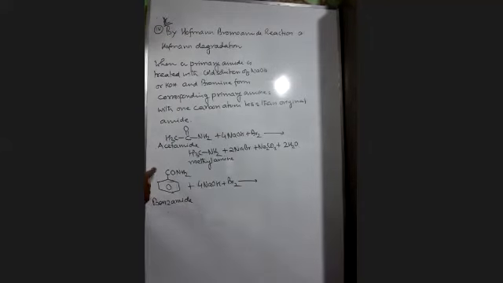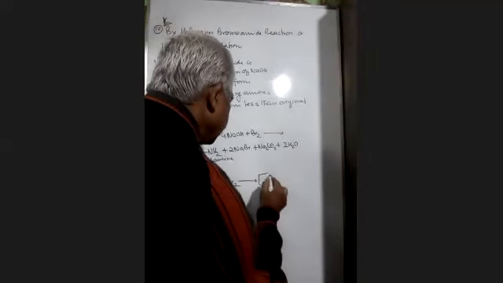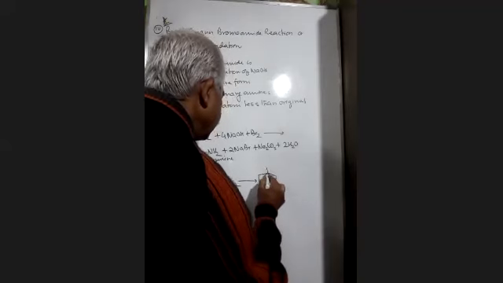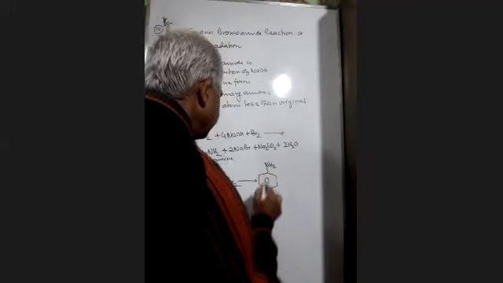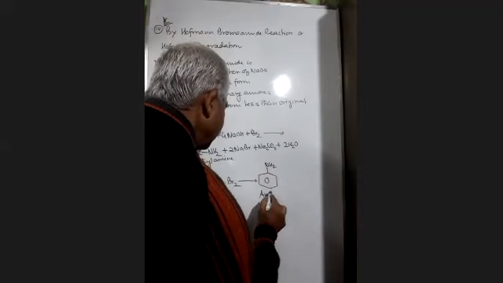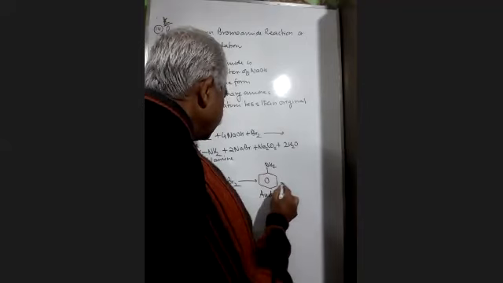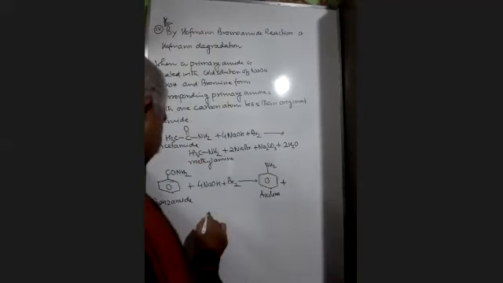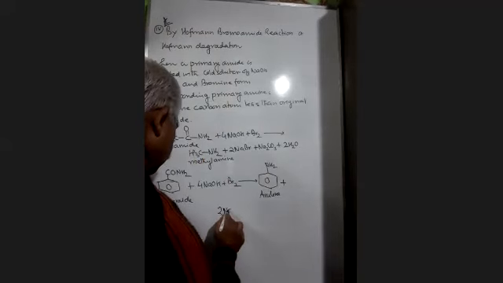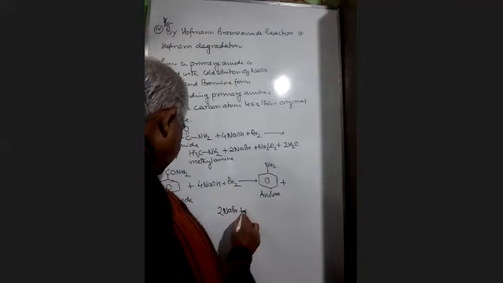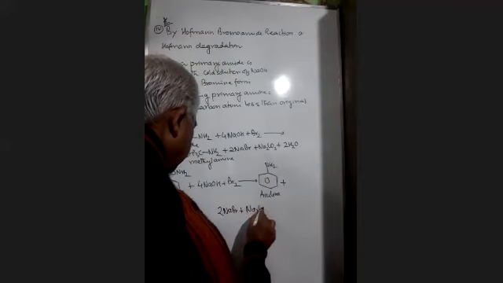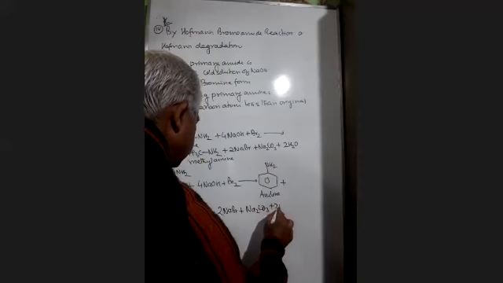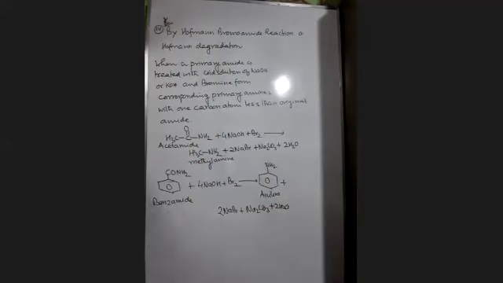See, this will go out. So what you get now here? You get an aromatic amine, aniline. Okay? Plus 2 NaBr, Na2CO3 plus H2O. So these reactions are very important.